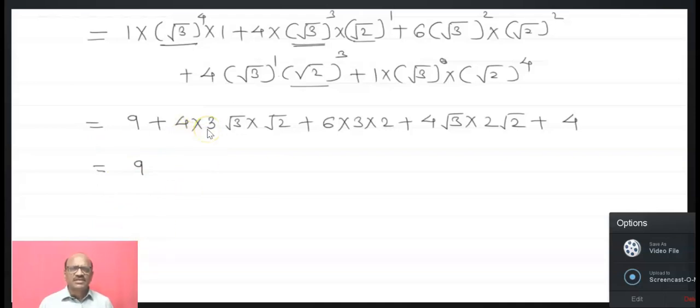4 into 3. That is 12. And here is a 4 into 2. 8. That is 12 into root 3 into root 2, it becomes root 6. Here is root 3 into root 2, it becomes root 6. Therefore, this is the 8 and this is the 12.